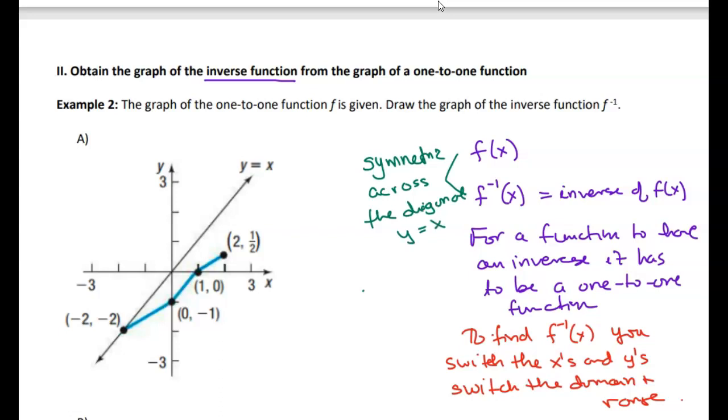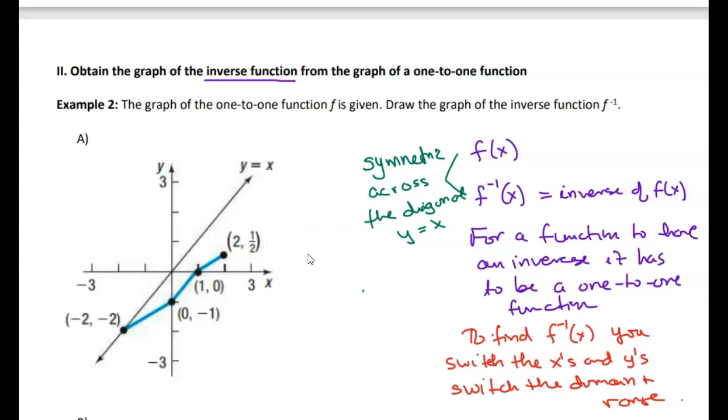Right? So in the next few examples, you're going to graph the inverse from the original graph of the function. A good way to do it is look at some points on the graph and switch the x's and the y's, and graph the new points, and then you'll notice the symmetry.